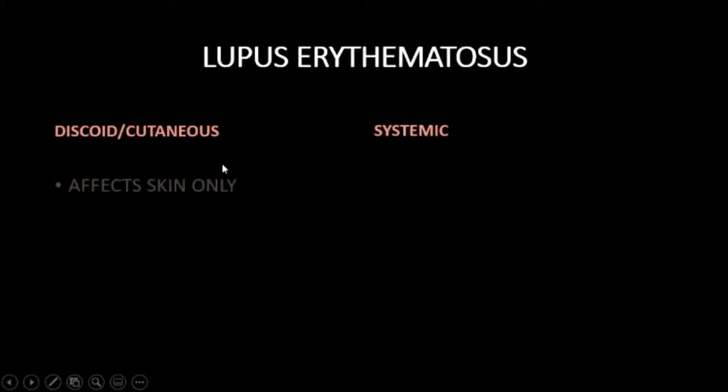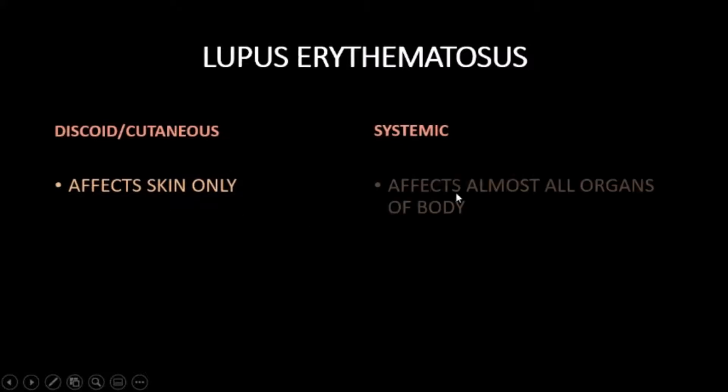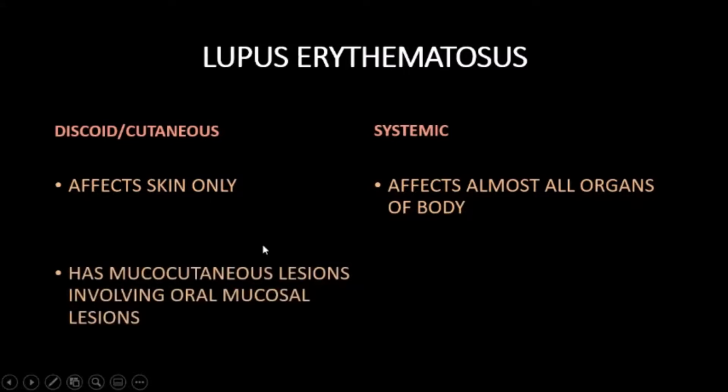The discoid and cutaneous type affects only the skin and the mucosa, and the systemic type affects almost all organs of the body. The discoid or cutaneous form has the majority of the oral mucosal lesions. For the systemic type, the oral lesions are variable. That is, they may be present or they may not be present.